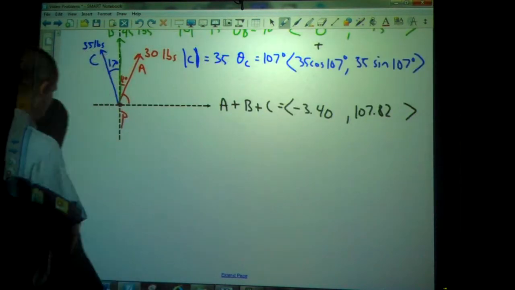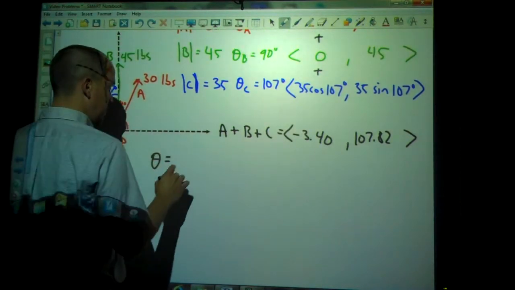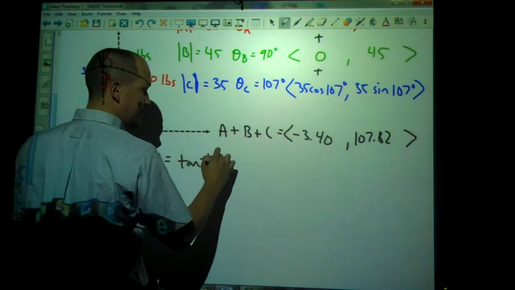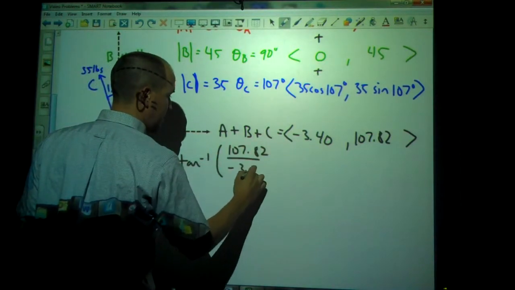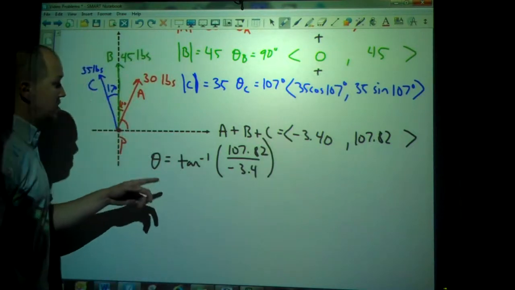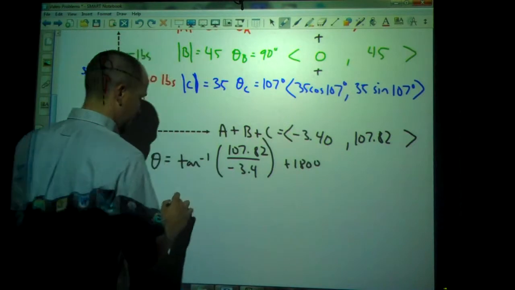So the final angle is going to be an inverse tangent of 107.82 divided by negative 3.4. And this is in quadrant 2, so I am going to add 180 degrees to that.